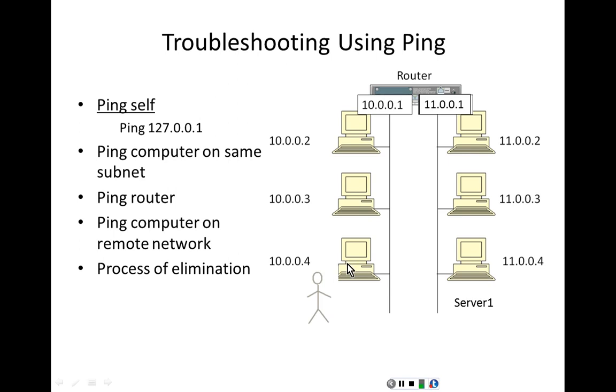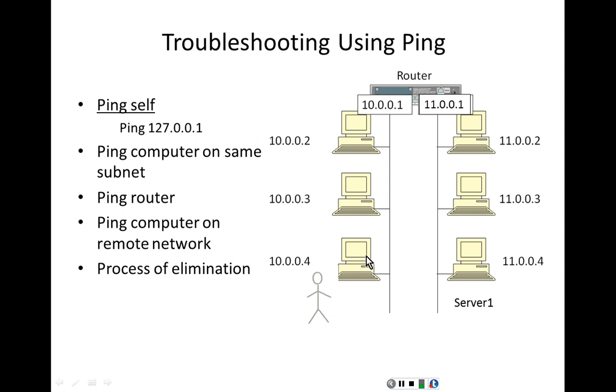Now, a shortcut way of pinging yourself, instead of pinging by the current IP address, is to just type ping 127.0.0.1, that means ping myself. It just saves you the trouble of typing in whatever the IP address is. This is called local loopback or self-test, 127.0.0.1.